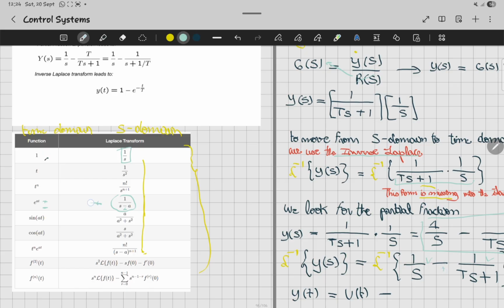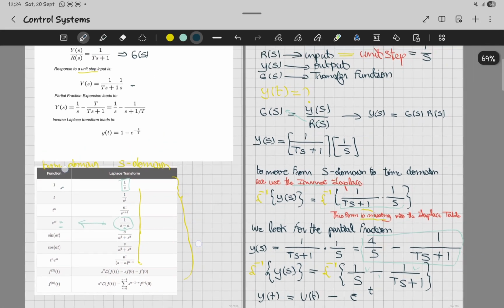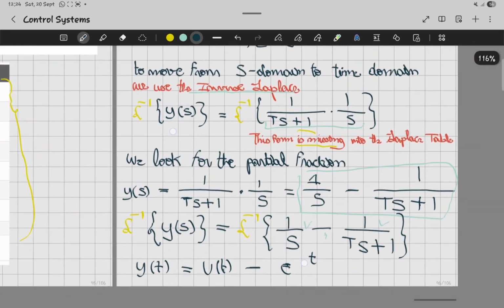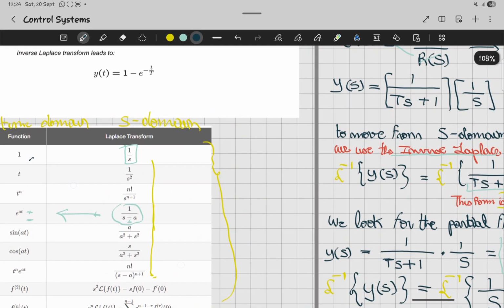Now we're going to write it in this form. So it's gonna be e to the power of a times t. So what is a? We need to find what is a here. Okay, and then we need to write this equation into this form.